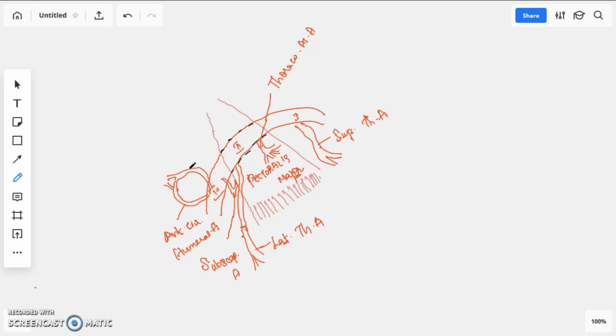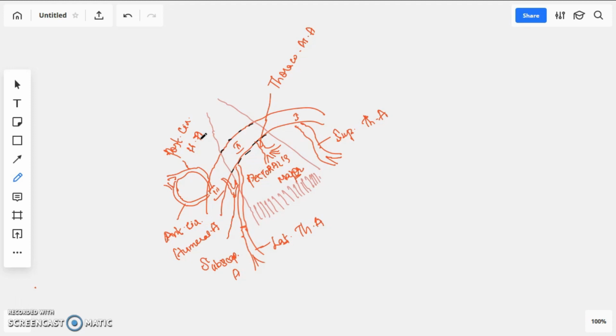We call that the posterior circumflex humeral artery. So these are the arterial branches given by the axillary artery that you have to remember. That's all about the axillary artery and its branches.